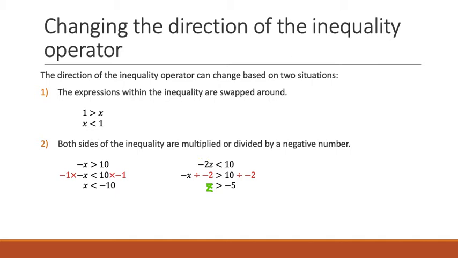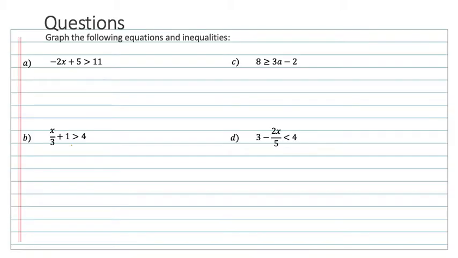So let's have a look at that in practice. -2x plus 5 is greater than 11. Let's try solving that. Firstly, we need to get rid of the 5. We want to have the variable x by itself. So I'm going to take 5 from both sides.